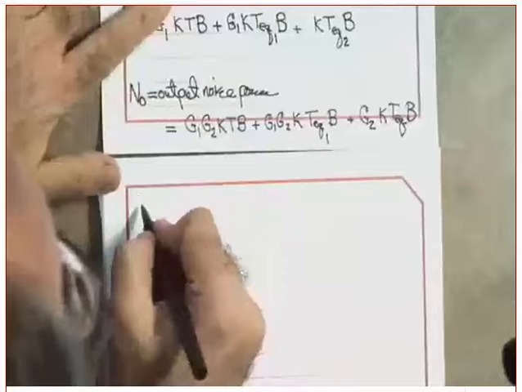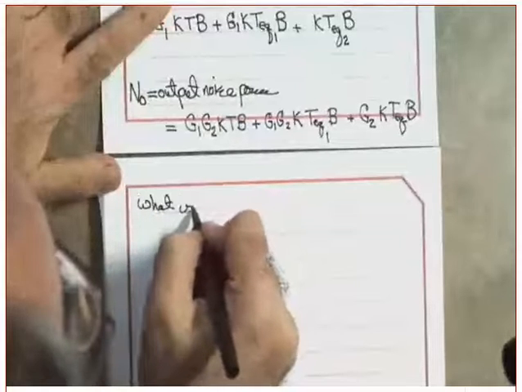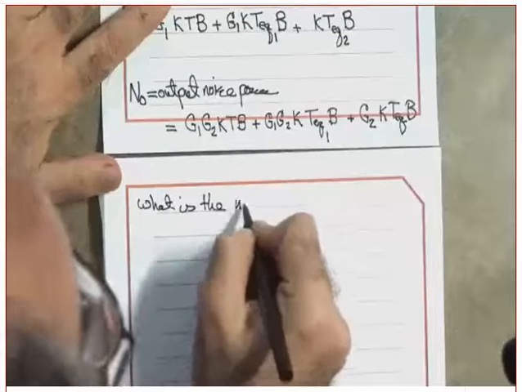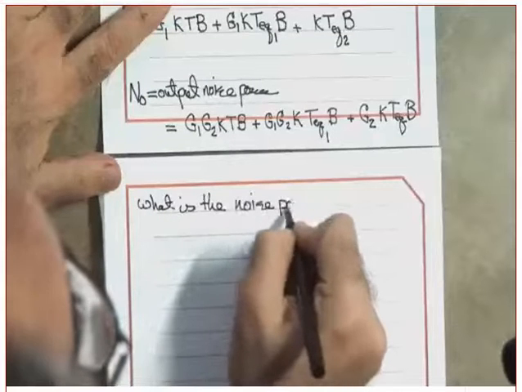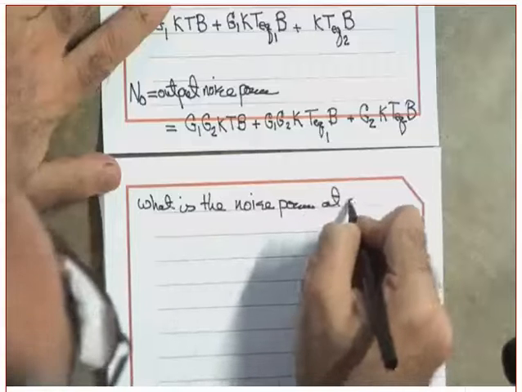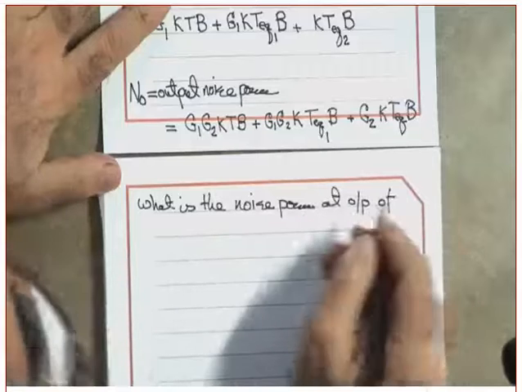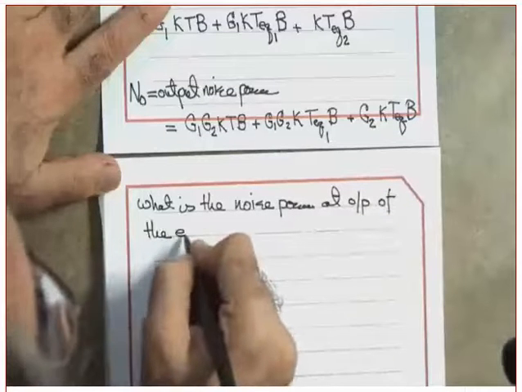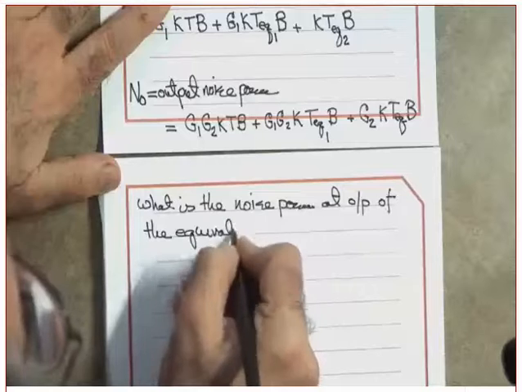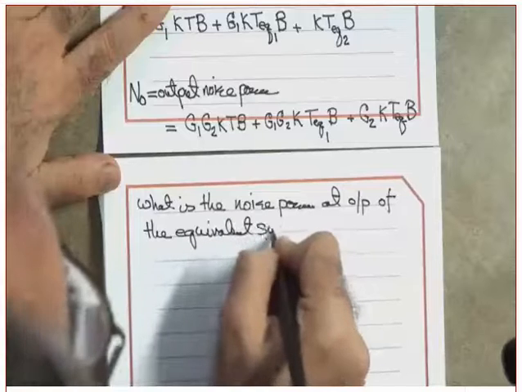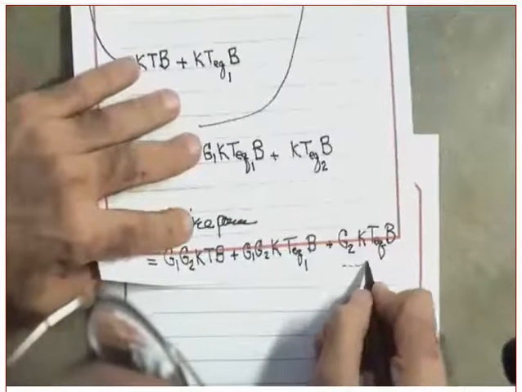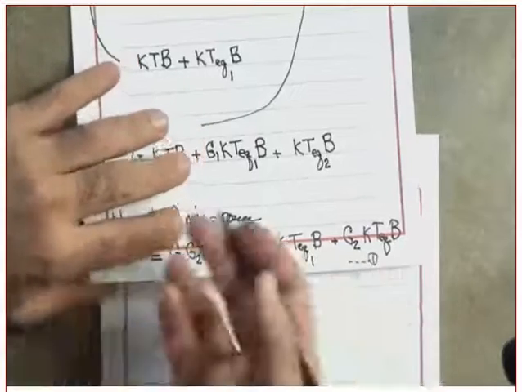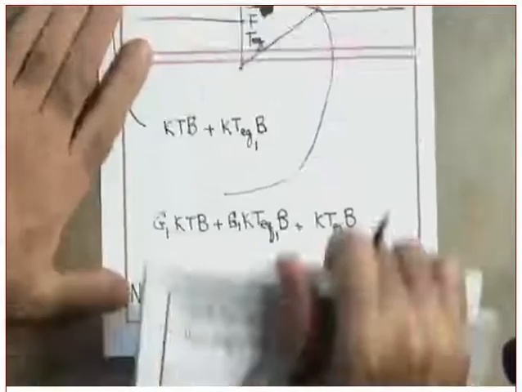What is the noise power at the output of the equivalent system? Let's call this equation A. By the way, I lost track.